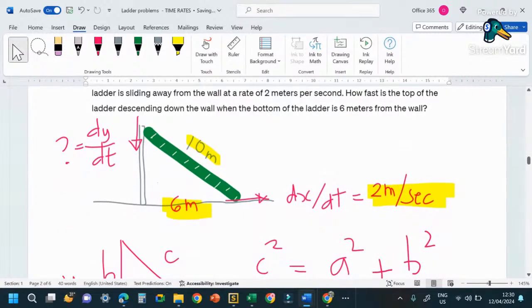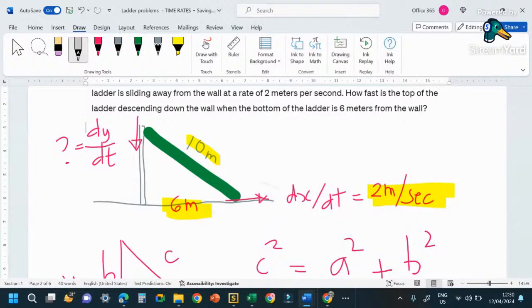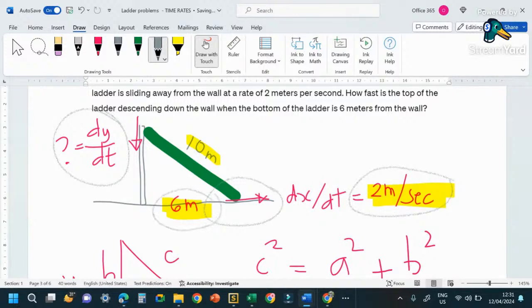Look at this one. It's moving away from the wall, at a rate of 2 meters per second. How fast is the top of the ladder descending down the wall when the bottom is 6 meters from the wall? So it's the same as the first one.